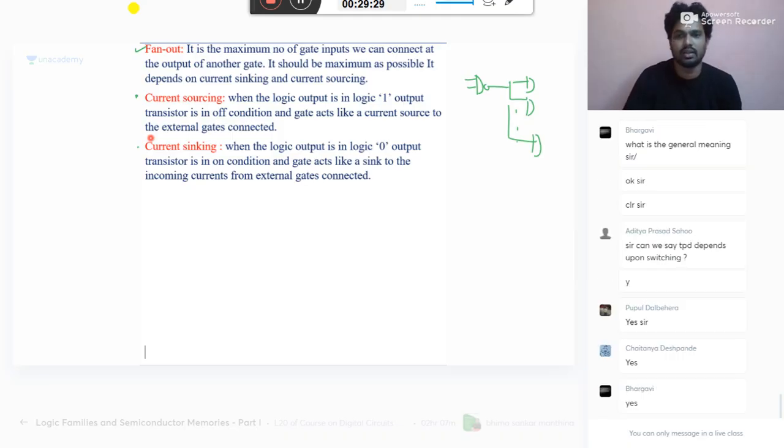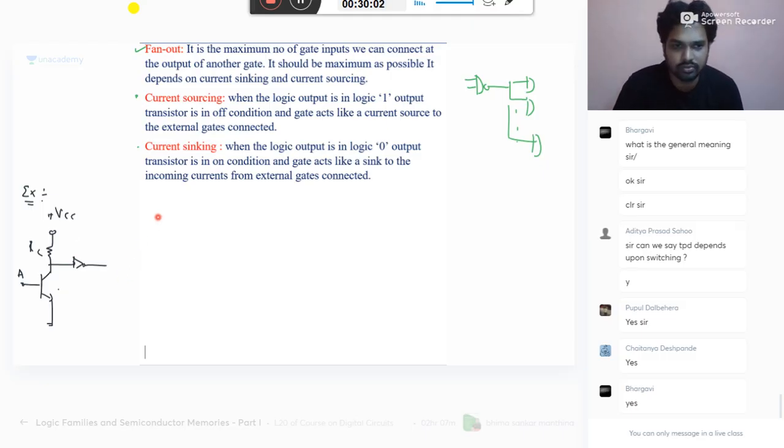Okay, right. Now listen here. Let's take one example of this inverter. Say for this inverter, I have connected another inverter. Assume this is my circuit.